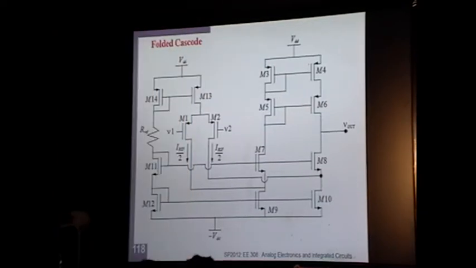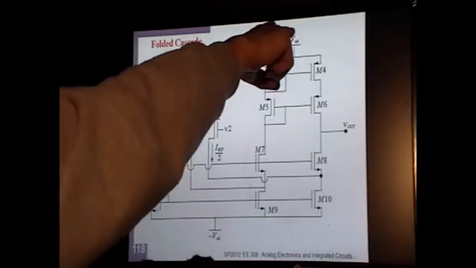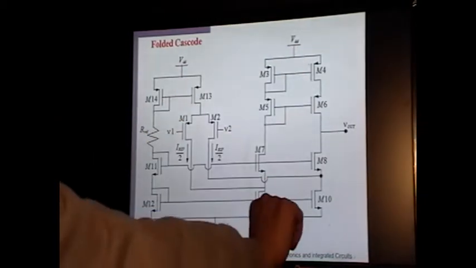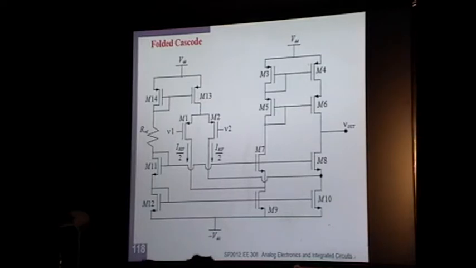So that's 5 transistors stacked. The folded cascode lets you build an op-amp with only 4 transistors stacked. So that lets you drop VDD just 1 transistor's worth of basically a VC sat.